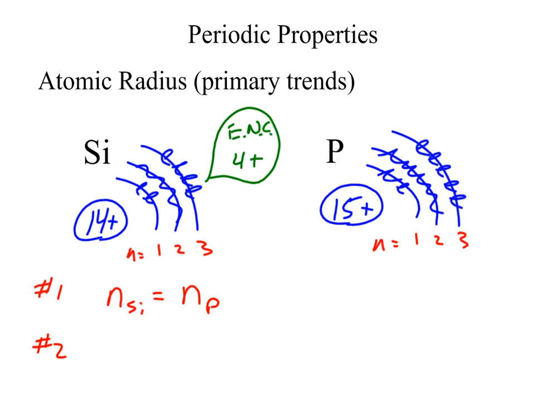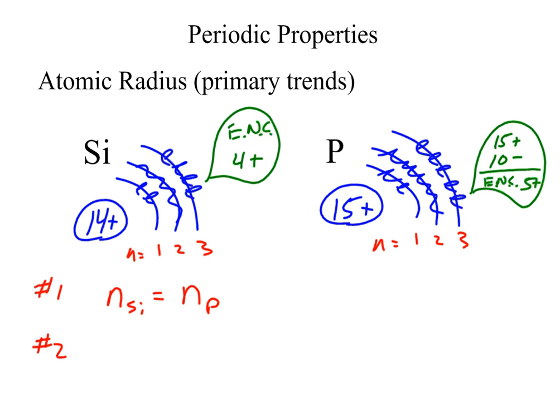If we look over at the phosphorus, that same electron, we're going to see 15 protons pulling it in, and we see 10 electrons partially shielding 10 of those 15 protons. So our effective nuclear charge for the phosphorus is actually a 5 plus. So now if we go down here, we should record that in our reasoning.